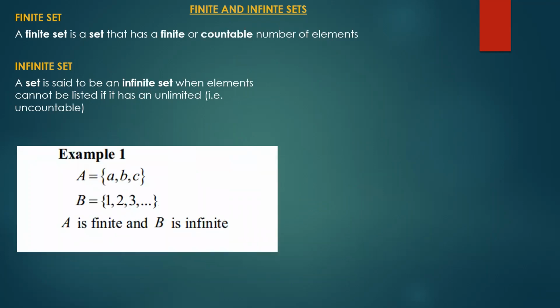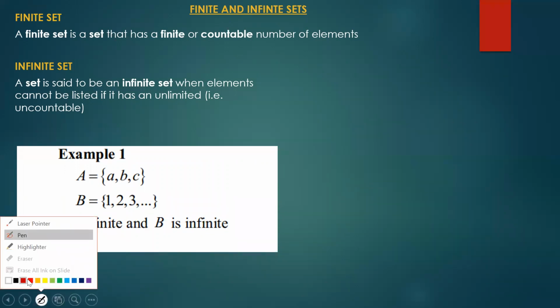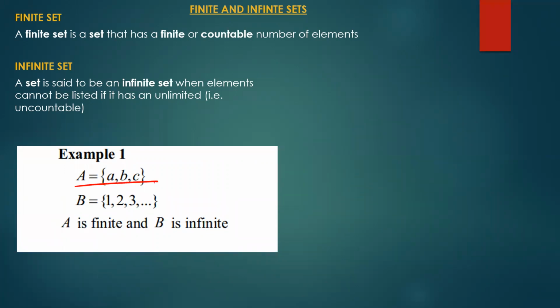So these are the examples here on the screen. The first one is a finite set because we're able to count the number of elements there. The second one is infinite because of the 3 dots at the end, showing that the elements continue up to positive infinity.